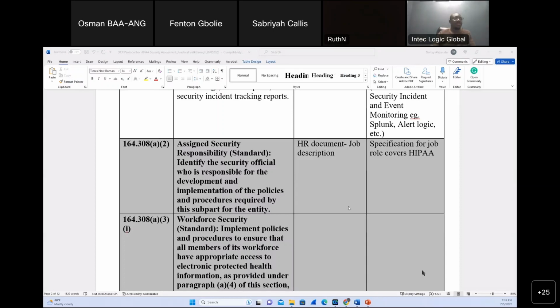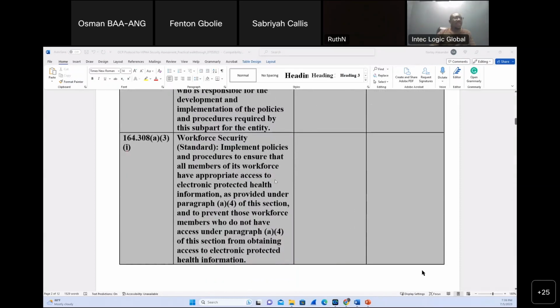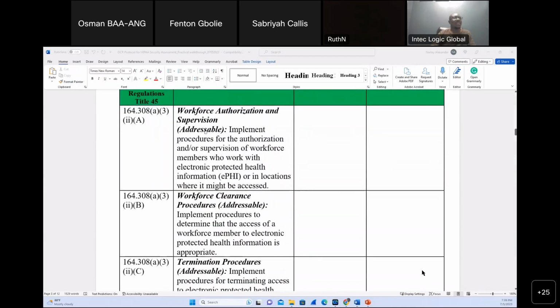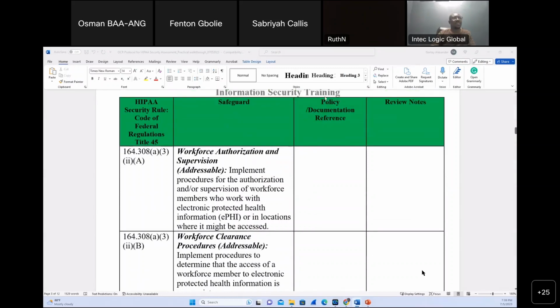Good. The next one is workforce security. Workforce security has some requirements under it, and the first requirement is workforce authorization and supervision, right? So what document, policy or documentation can we refer to when it comes to workforce authorization and supervision?